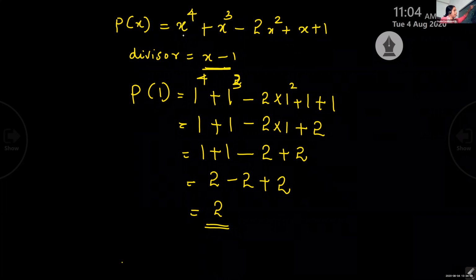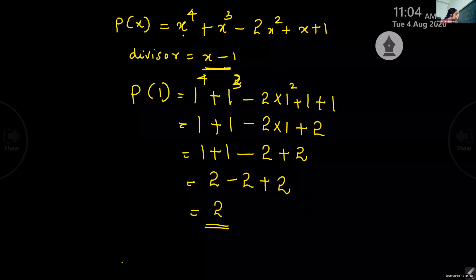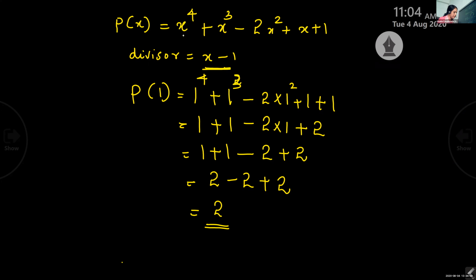Minus 2 into x square is 1 square. Plus, instead of x, 1. 1 raised to 4 is 1 itself, 1 cube also 1, 2 into 1 square also 2. Plus 1 plus 1 is 2. Then again 1 plus 1 you will get 2. Minus 2 plus 2. This 2 and minus 2 will get cancelled and the answer is 2.